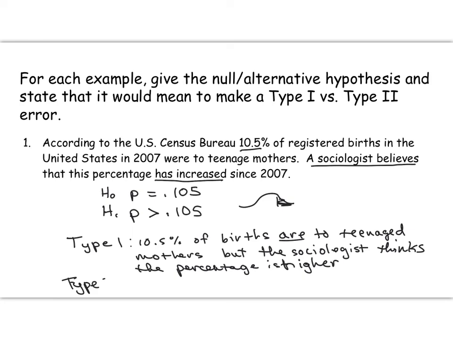A type 2 error would be that the percentage of births to teenage mothers is higher than 10.5%, but the sociologist believes that it's 10.5%.